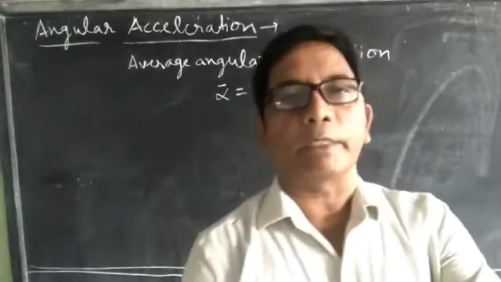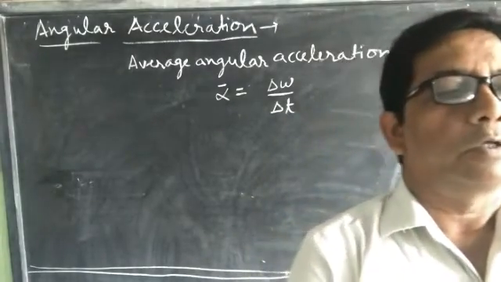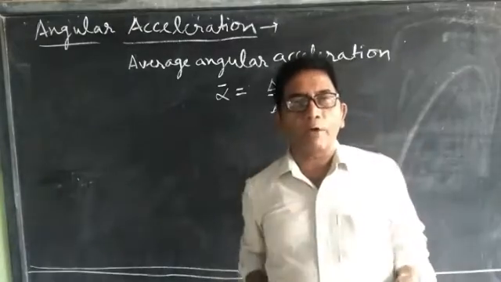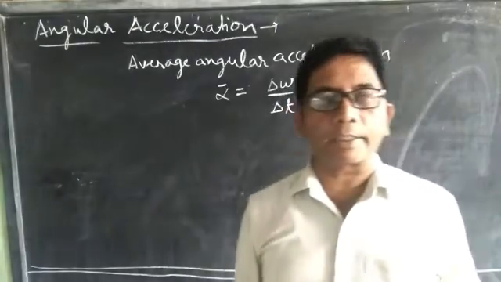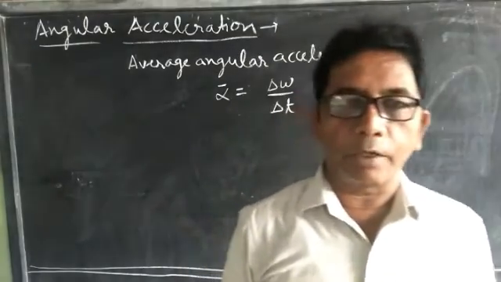Now if the time interval delta t tends to 0, then the limiting value of average angular acceleration is called instantaneous angular acceleration.